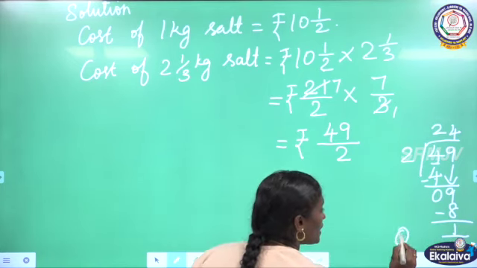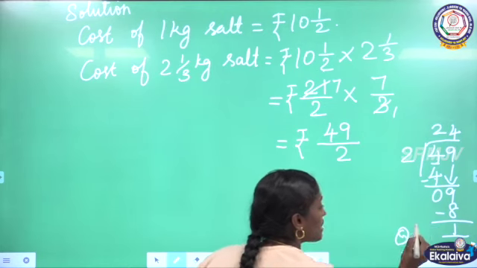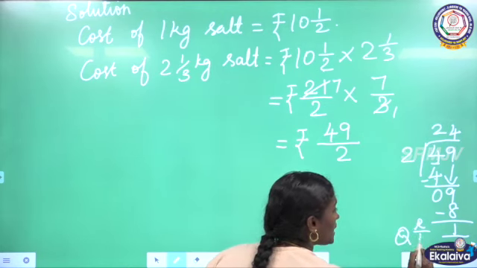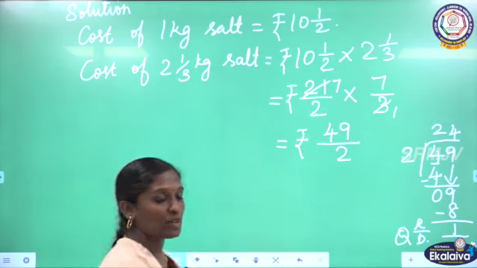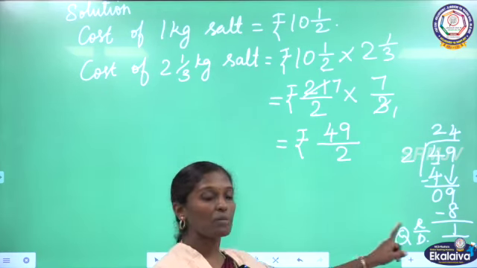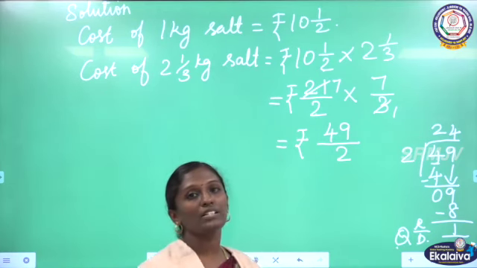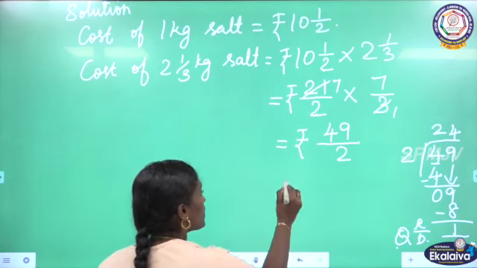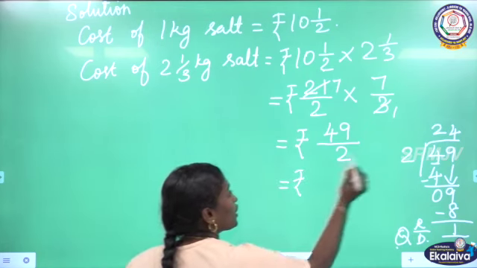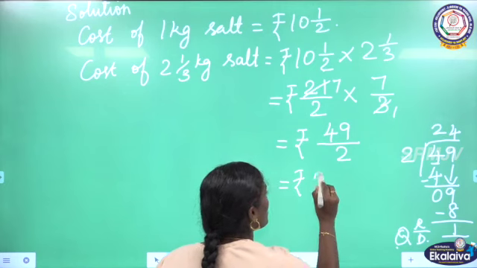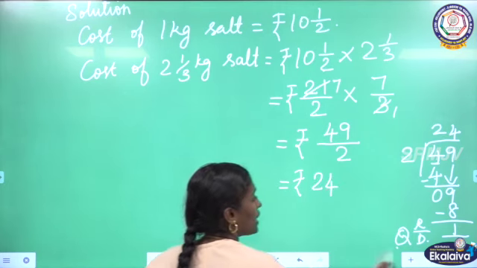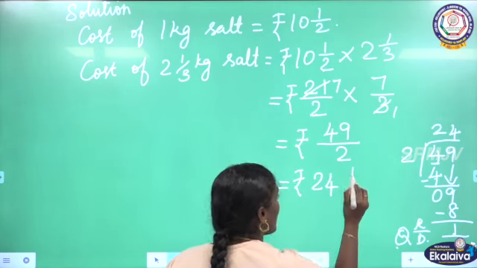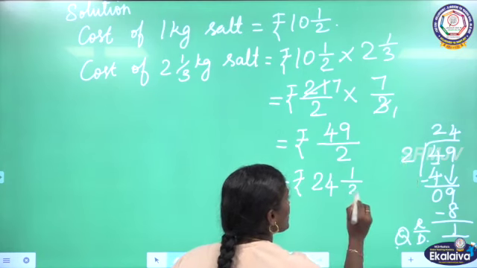Now we have to write in the form of quotient as a whole number and remainder by divisor as a fractional part. Here which is quotient? Here 24 is the quotient. So 24 is a whole number part and remainder is 1 and divisor is 2.